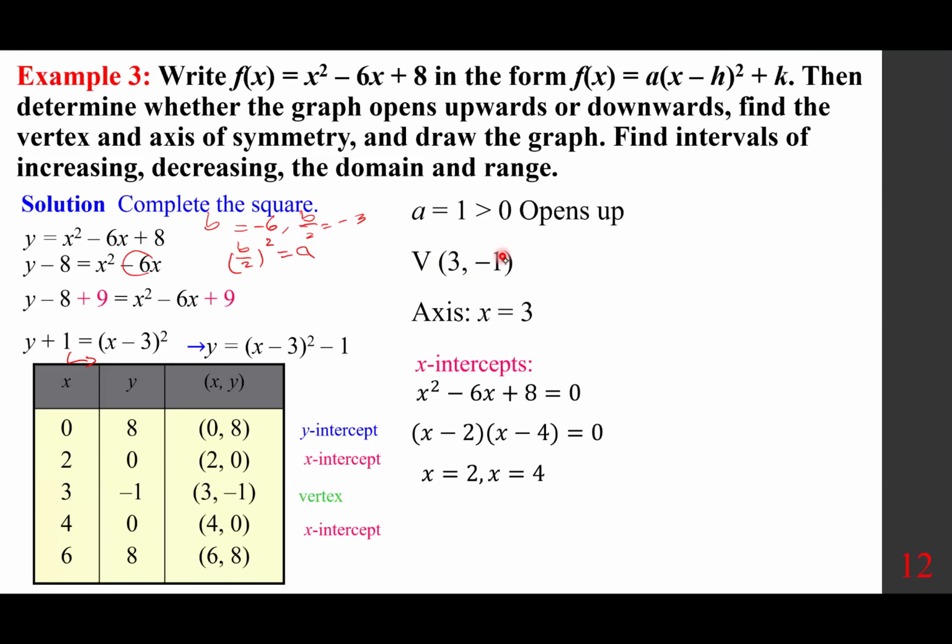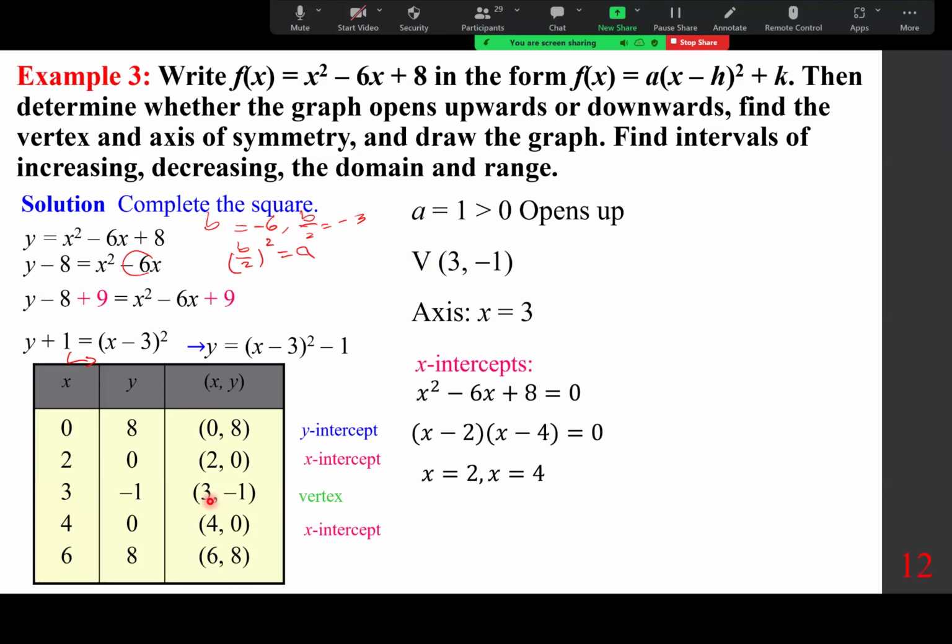What I'd like you to see is that this is the vertex. So this distance is 3, because from 0 to 3, distance of 3. So if you go the same distance 3, you get the same y coordinate. That's the definition of axis of symmetry and what it does.